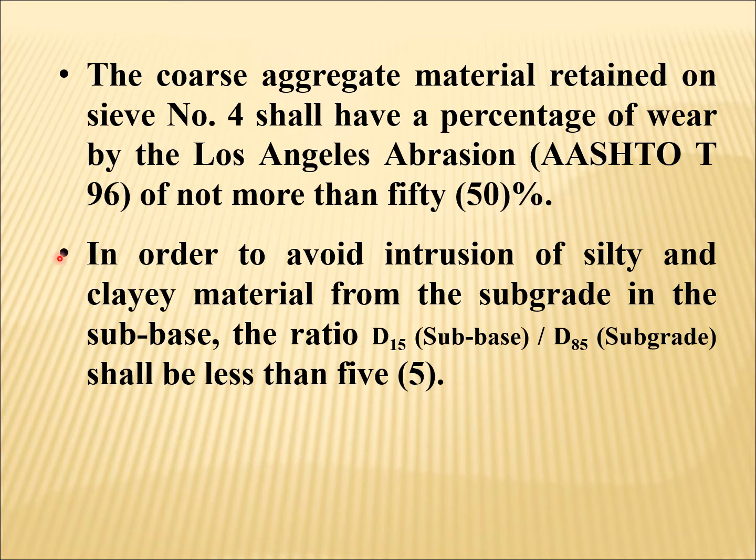In order to avoid intrusion of silty and clay material from the subgrade in the subbase, the ratio D15 of subbase divided by D85 of subgrade shall be less than 5. So that is another requirement for the subbase material.